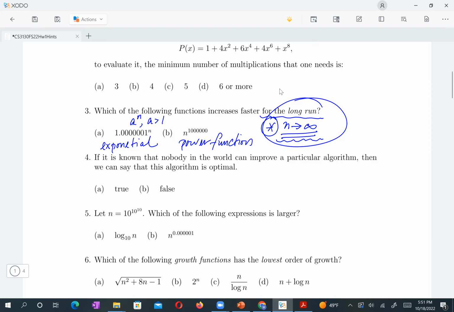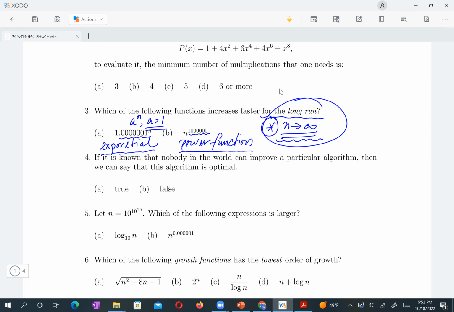Although you see so many zeros after the decimal point, still the base is greater than 1. When you compare an exponential function with a power function with a fixed number at the exponent, do we have any result for that?